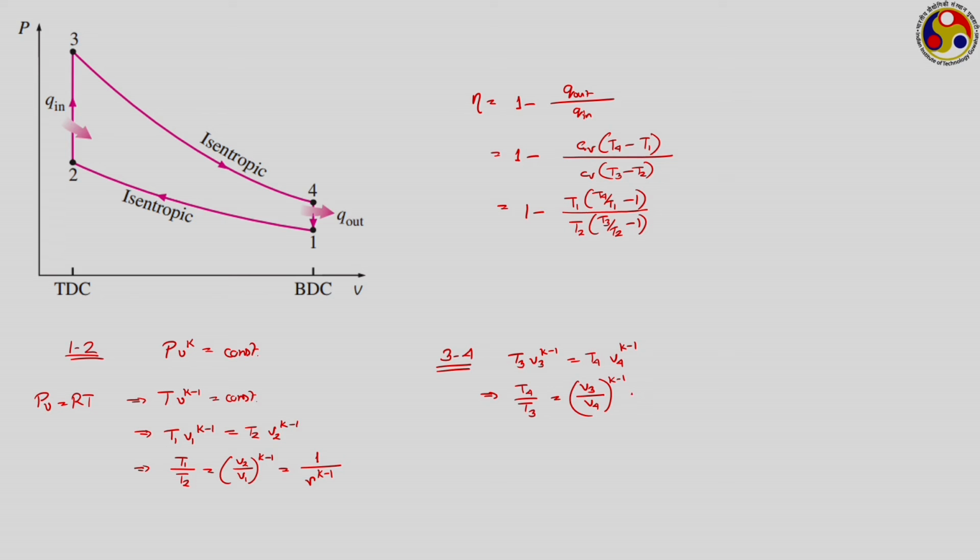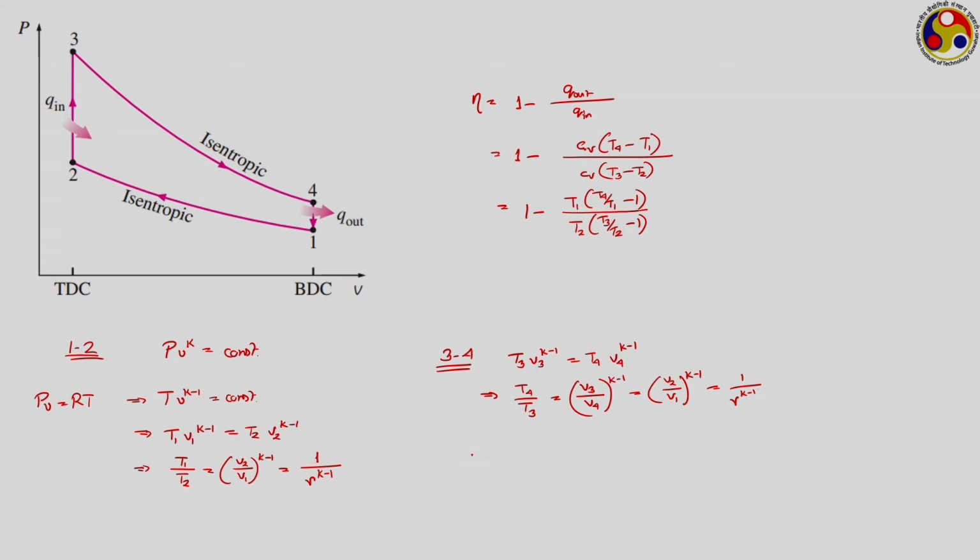Considering the two isentropic processes, we know that V3 is equal to V2 and V4 is equal to V1, and from here we know that V1 upon V2 is r. So, it is 1 by r to the power k minus 1.